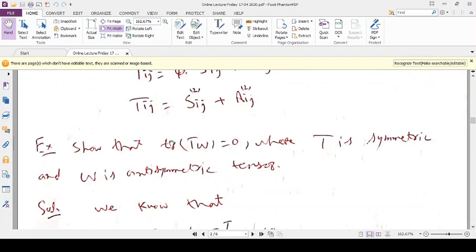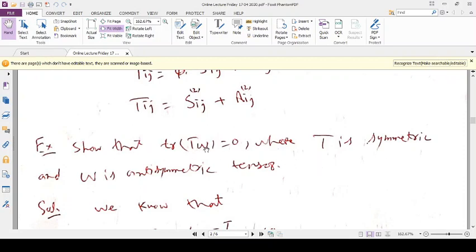The next example is related to symmetric and antisymmetric tensors. It is written as: the trace of the product of any two tensors equals 0. Any two tensors does not mean any two tensors; one should be symmetric and the other should be antisymmetric, then its trace will be equal to 0.